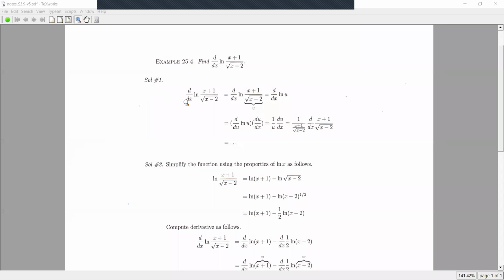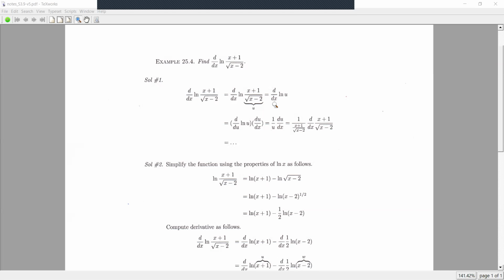Solution 1. The function is complicated and I want to simplify the function. I let u be the quotient here, then the function becomes natural log of u. Now, I need to compute this derivative. Because x and u are different, I need the chain rule.